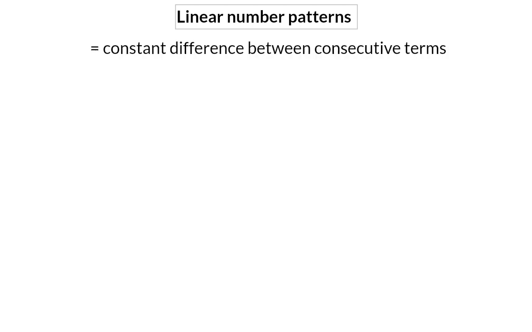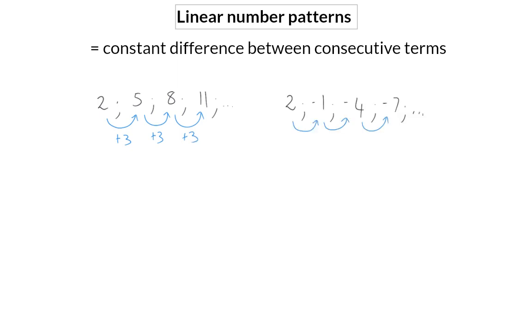A number pattern is classified as linear if there is a constant difference between consecutive terms. This means that you constantly add the same value, or you constantly subtract the same value to get the next term.